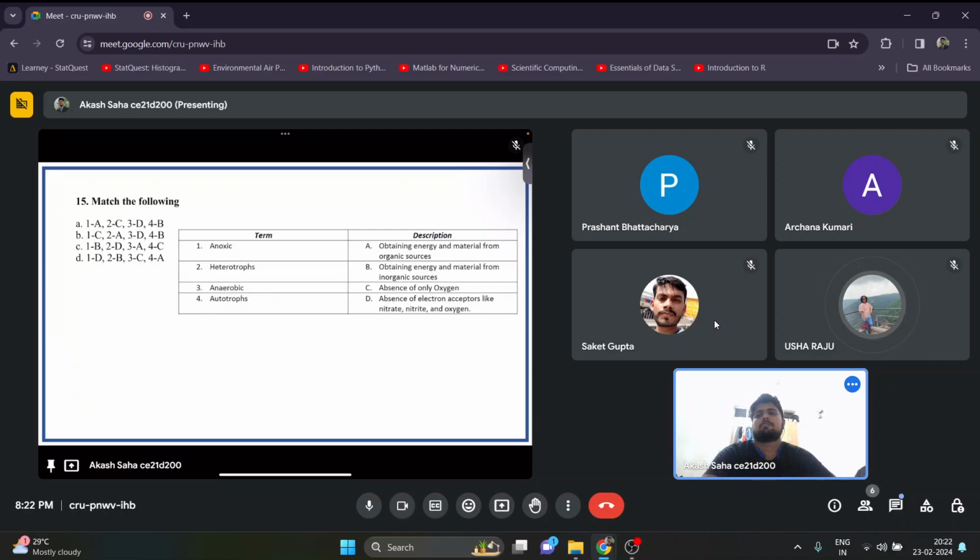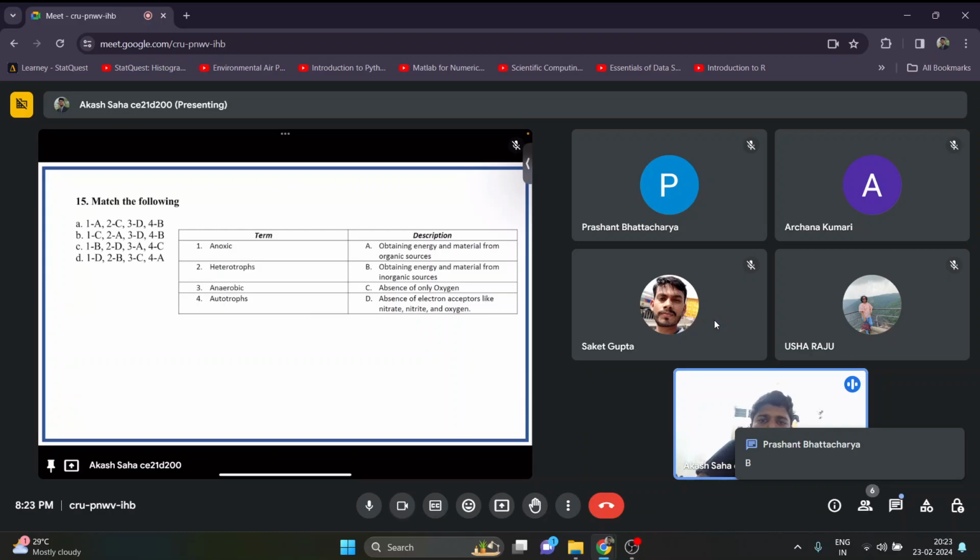Last question, match the following. So we have anoxic, heterotrophs, anaerobic, and autotrophs, to match with the correct description. Just tell me the final answer. Option B, that is, once see.